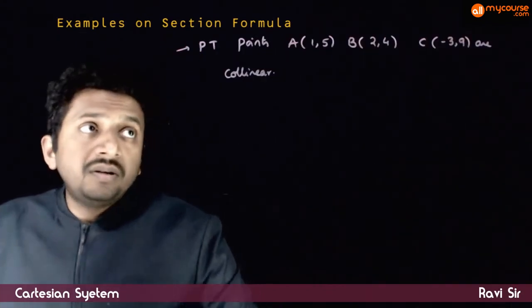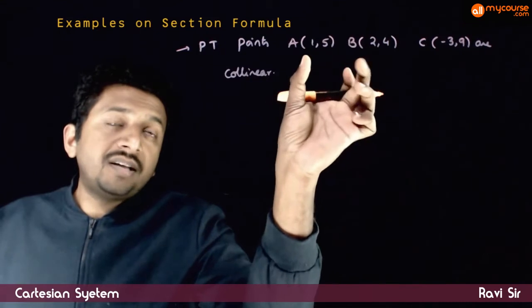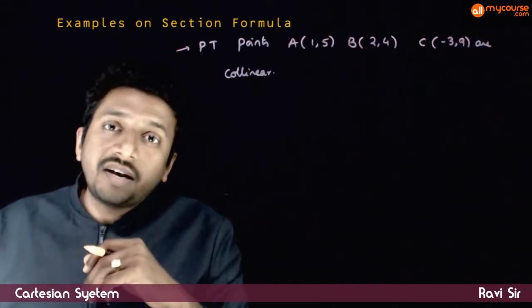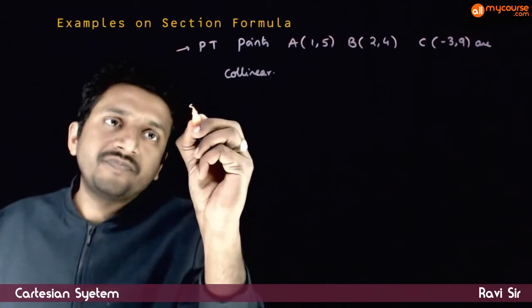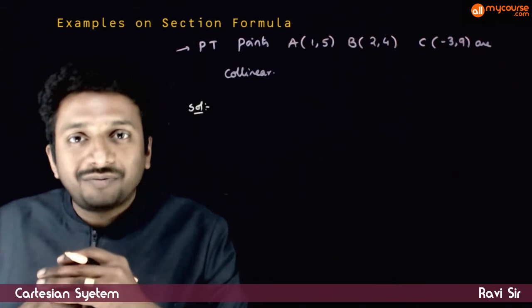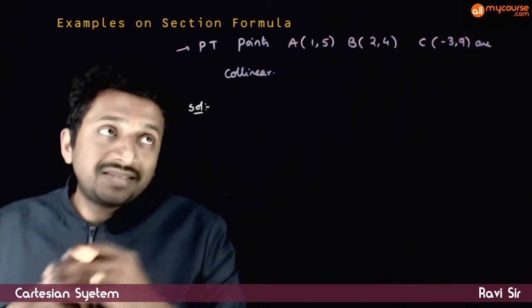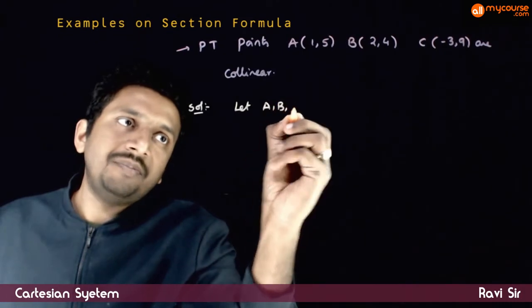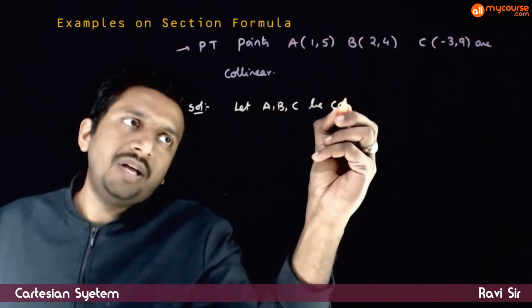In this question, you're asked to prove that the points A, B, C, whose coordinates are given, are collinear. So how do we check the collinearity using the section formula? So let us say that A, B, C are collinear.